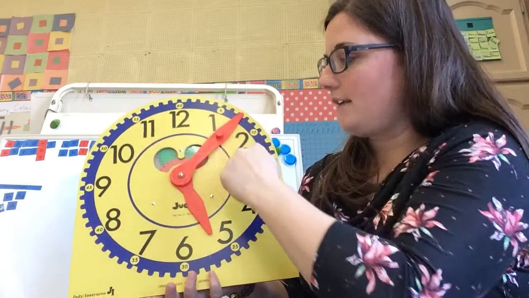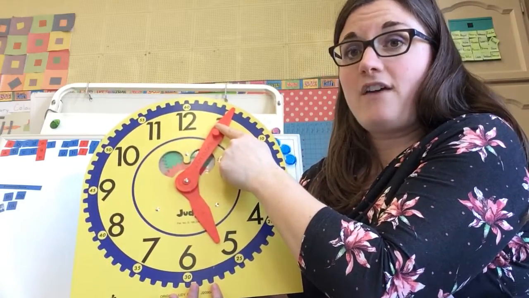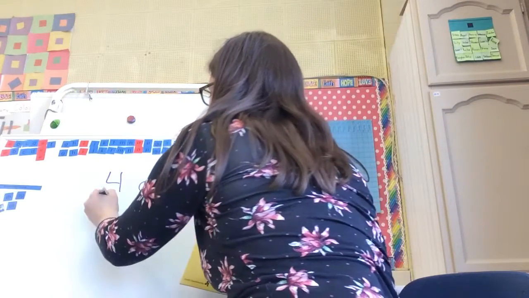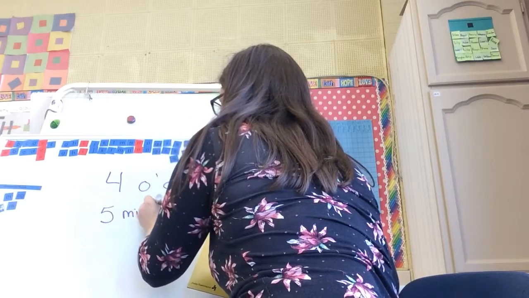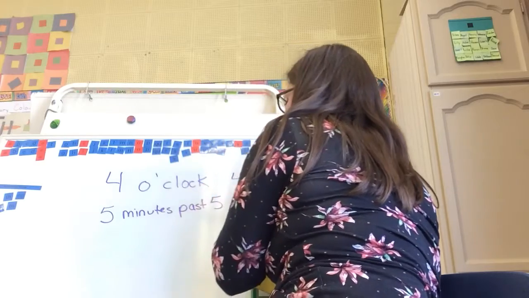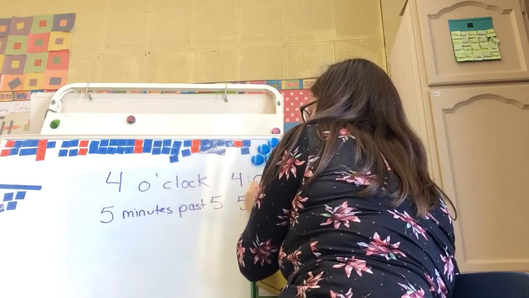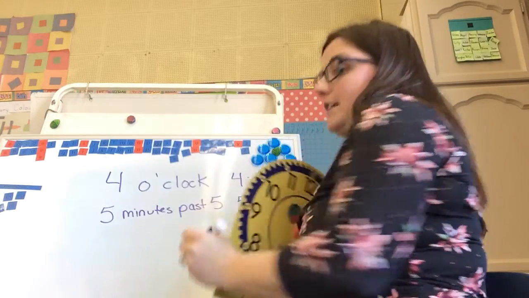We'll count by 5s. So when this hand is at the 1, we have 5. So this would be 5 minutes past 5. Or we could write it like this. 5, 0, because we don't have any 10s. We just have 5 ones.